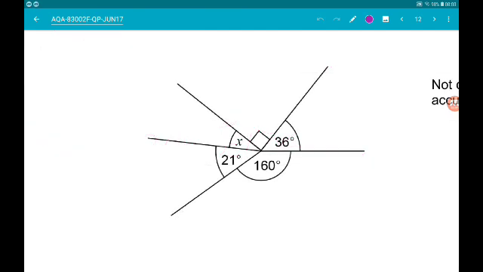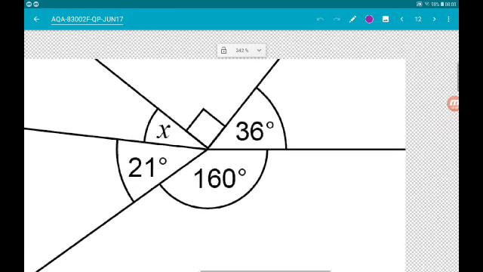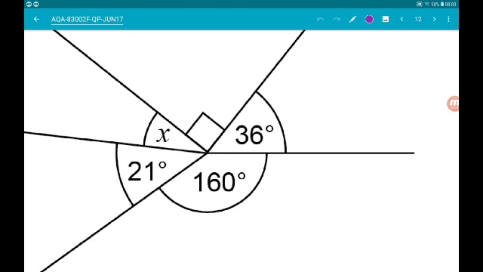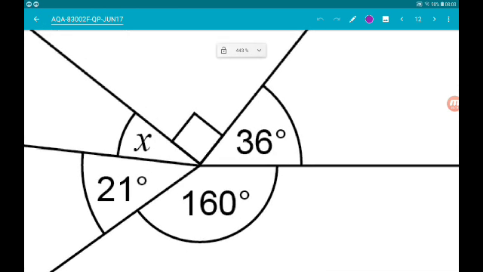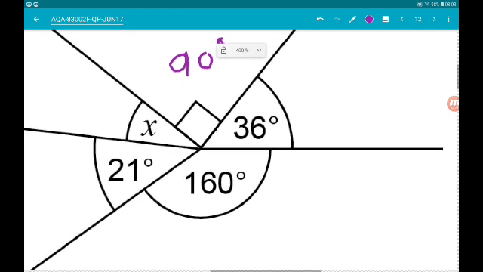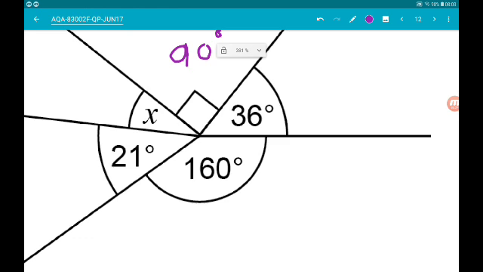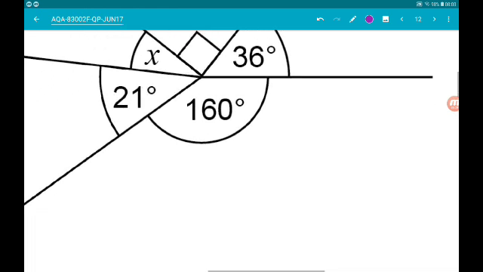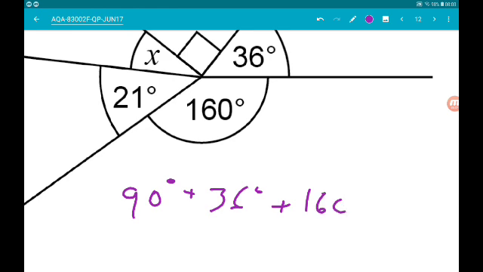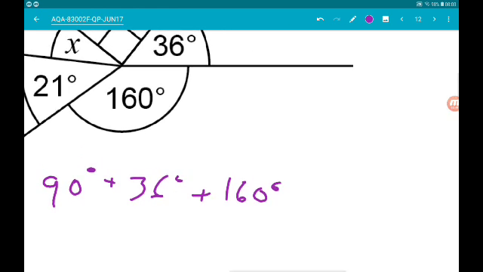Okay, question 13 wants us to find the size of angle X here. So, we know that angles around a point add up to 360. This guy is a right angle, so 90 degrees. So, if we add up all of the angles except X, so 90, add 36, add 160, add 21.